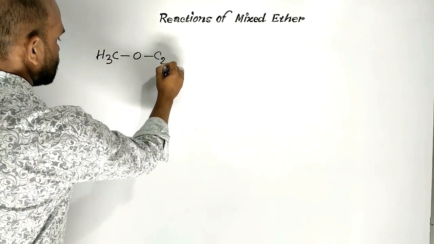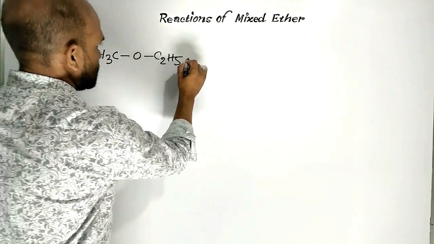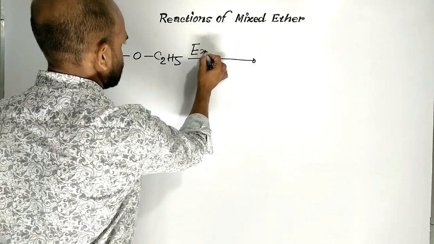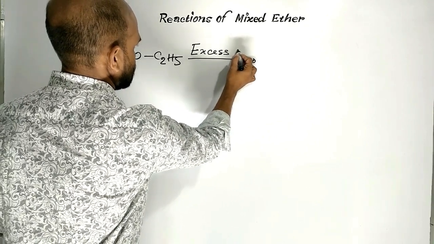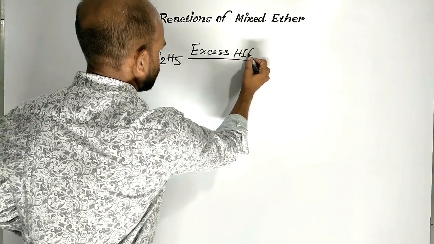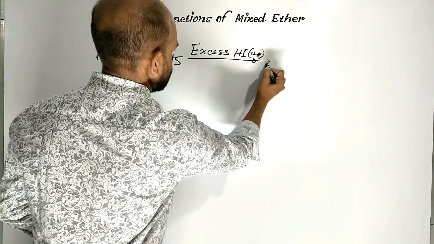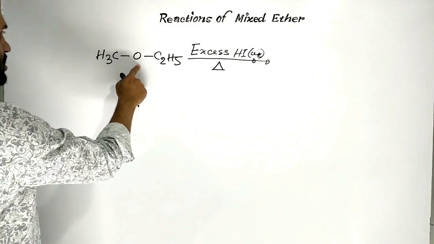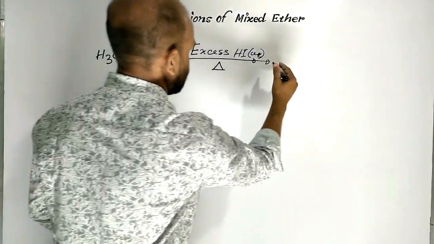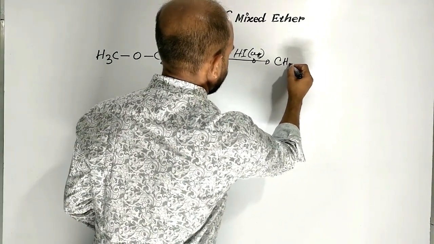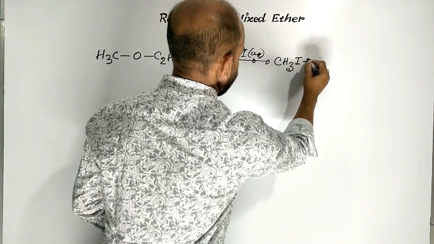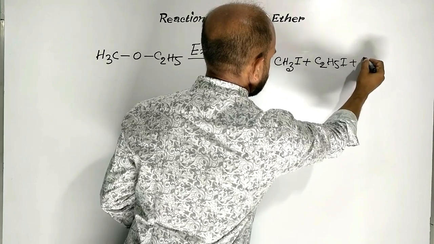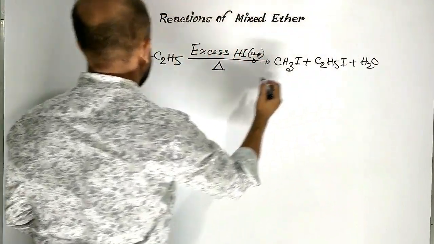Methoxyethane, when it is treated with excess hydroiodic acid or hydrobromic acid, and the reaction is conducted by heating, then this is obtained: methyl iodide, ethyl iodide, and water.